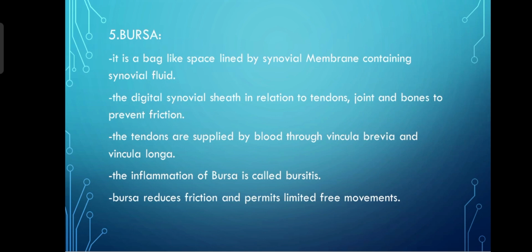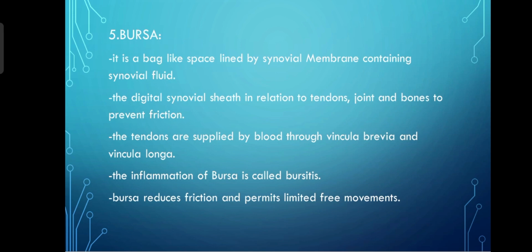It is a bag-like space lined by synovial membrane containing synovial fluid. The digital synovial sheath, in relation to tendons, joints and bones, prevents friction. The tendons are supplied by blood through vincula brevia and vincula longa.